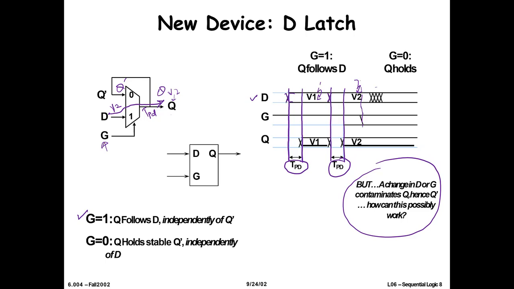The gate is moving from transparent to memory mode while V2 is in flight, and you want to store V2. This is not good, because if you want to store V2 reliably, you should not change D and G at the same time.